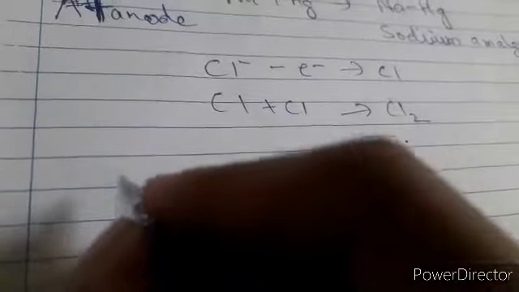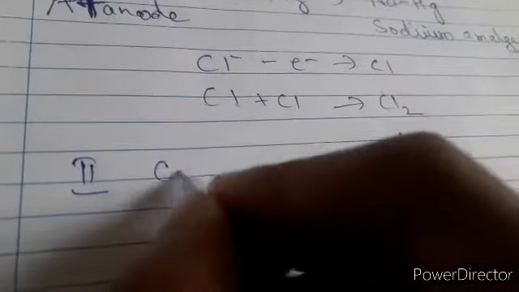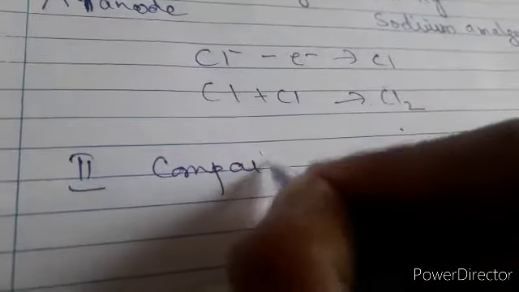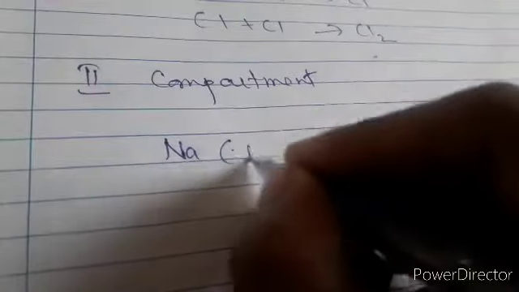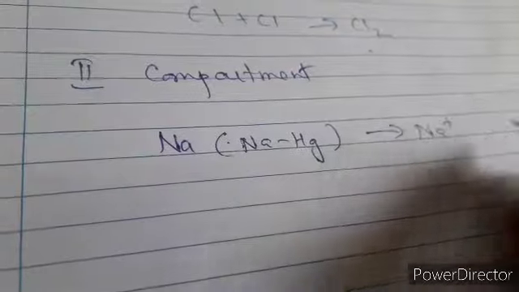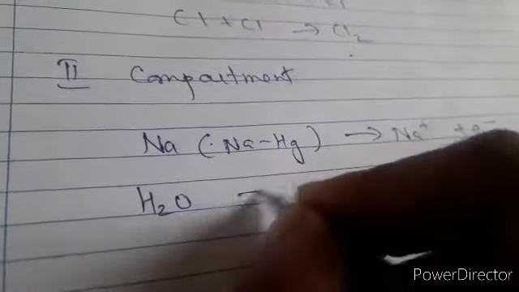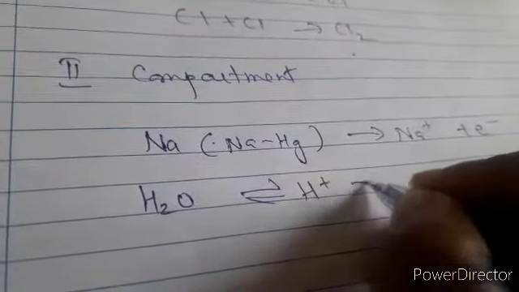Now let's talk about the second compartment, what reaction takes place there. Sodium amalgam was already formed near the lining of the mercury. This again will form ions, and electrons will be liberated. Water was already placed over here, so it gives you ions.